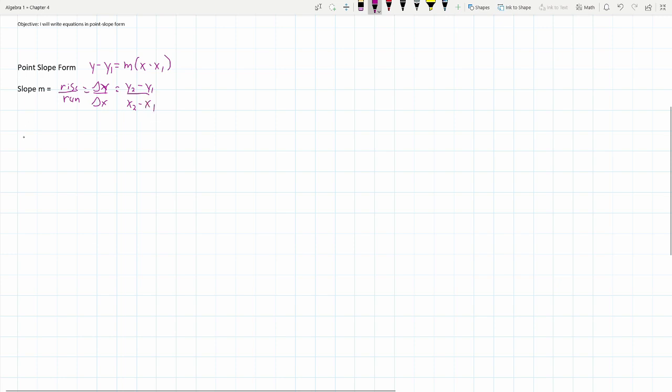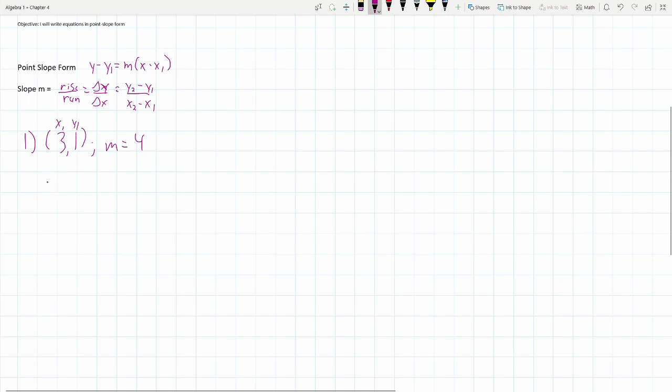Let's look at number 1. Number 1 says, write an equation in point slope form of the line that passes through the given point and has the given slope. It gives us the point (3, 1) and a slope, an m, of 4. And so kind of like we do with point-slope form, we name this x1, y1.